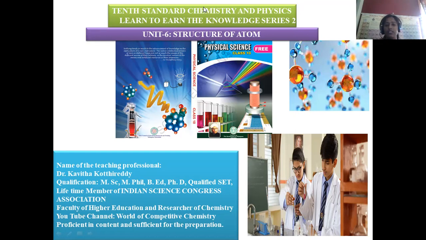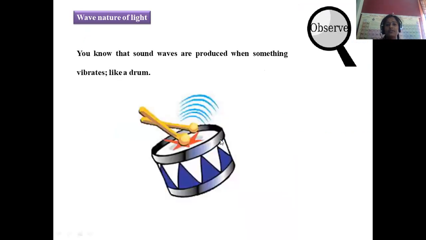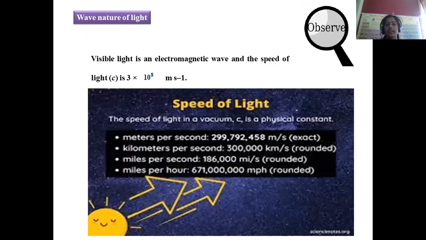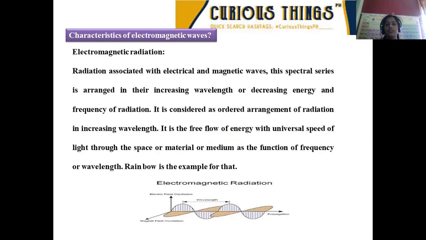Now we entered into series number 3. In this session, we are going to cover the topics related to the important characteristics of electromagnetic radiation, right? So these topics got completed and we entered into this concept: characteristics of electromagnetic radiation.